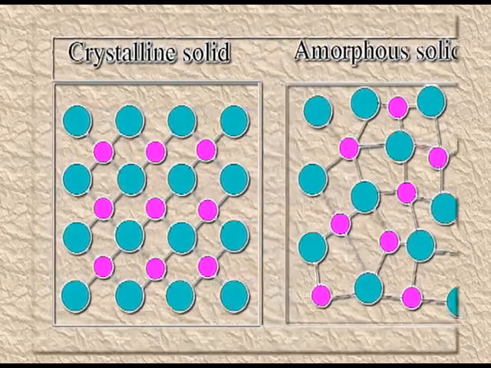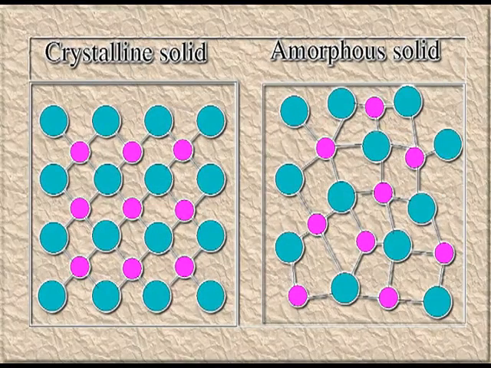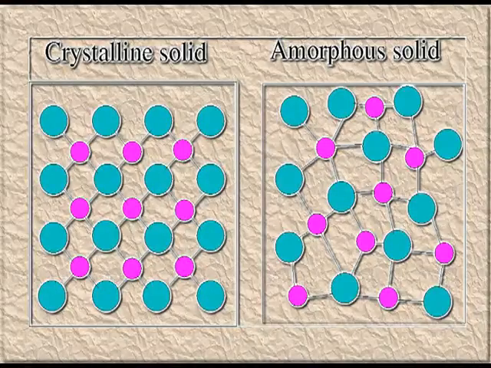In the case of the amorphous solid, the particles are not arranged in a regular fashion. If there is orderliness, then it is in a very small portion, and these small portions are very scattered. So, depending upon the arrangement of the atoms, a solid can be crystalline or amorphous.